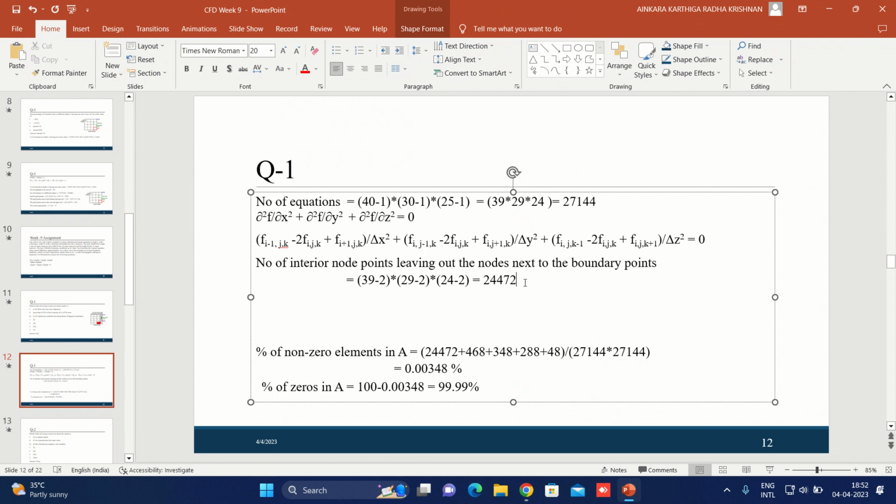Just a minute, I'll check the calculation once. 39 into 29 into 24 is 27,144. Then 40 minus 3, 37, into 30 minus 3 into 25 minus 3, that is 21,978.